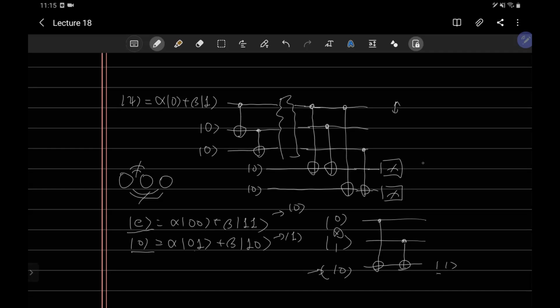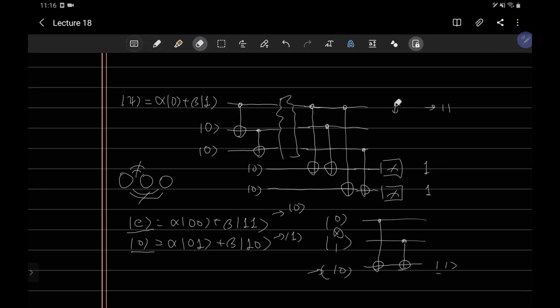So if I apply such an idea, let's say that the first qubit is flipped. In this case, we would measure something like 1 1, because this CNOT will flip this 0 to 1, and this CNOT will flip 0 to 1. So if this one is flipped, then we would have this kind of 1 1 result.